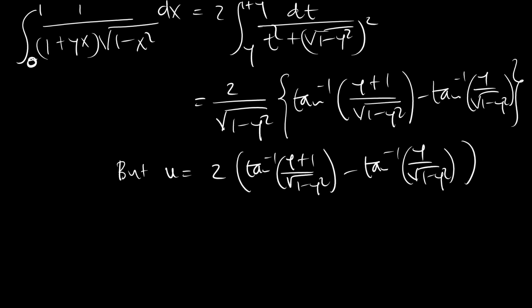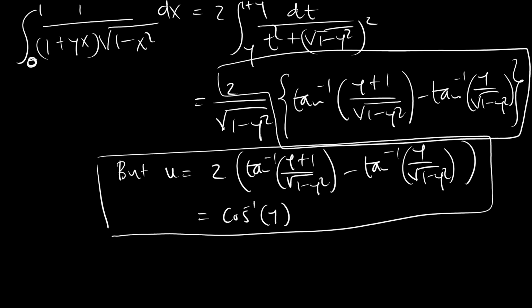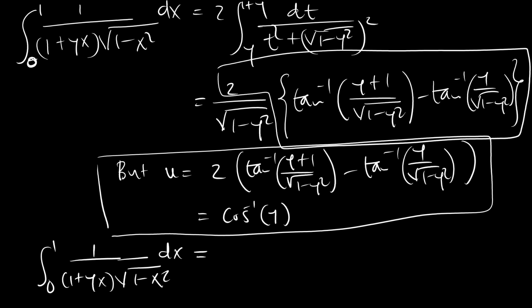This means that this part here is equal to arc cosine of y, right? With that in mind, it means that our problem here is equal to arc cosine of y over the square root of 1 minus y squared.